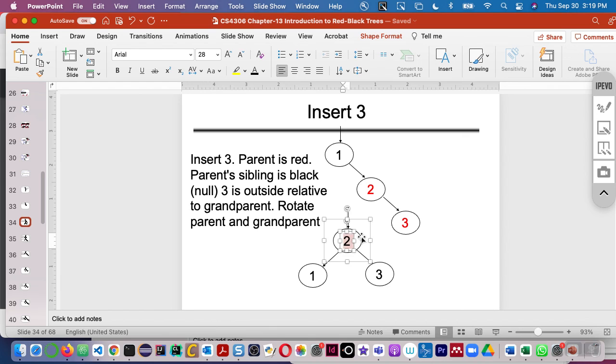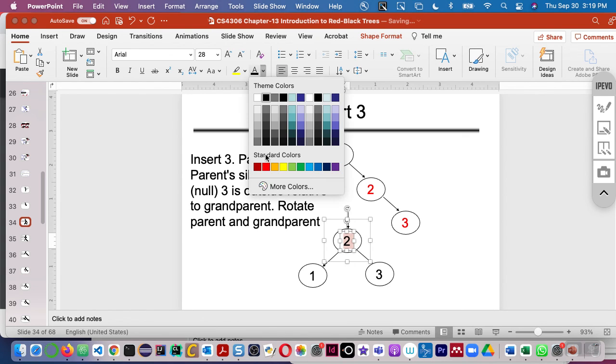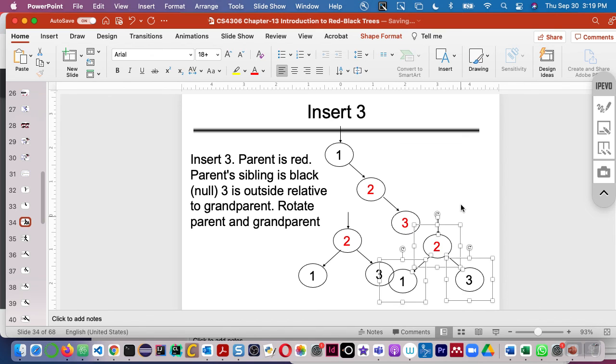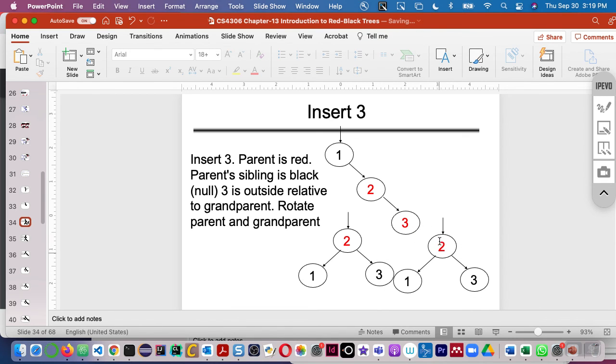Maybe I can show it this way. This one is red, and maybe we can do another way. Change this color too.